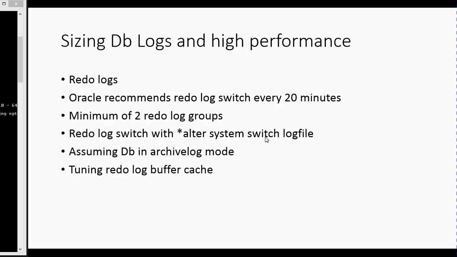Also, this is just basic: at a minimum, Oracle requires a minimum of two redo log groups inside the Oracle software. The reason why is that the redo logs are written cyclically.